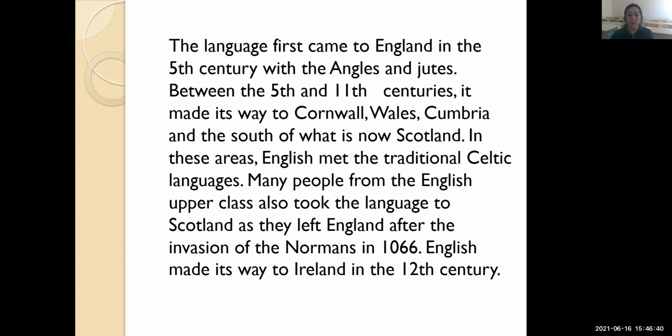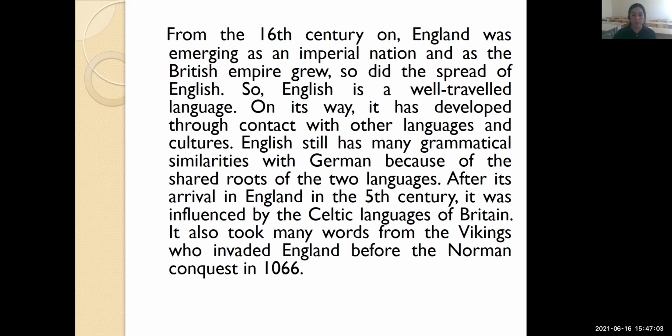In these areas, English met the traditional Celtic languages. Many people from the English upper class also took the language to Scotland as they left England after the invasion of the Normans in 1066. English made its way to Ireland in the 12th century.